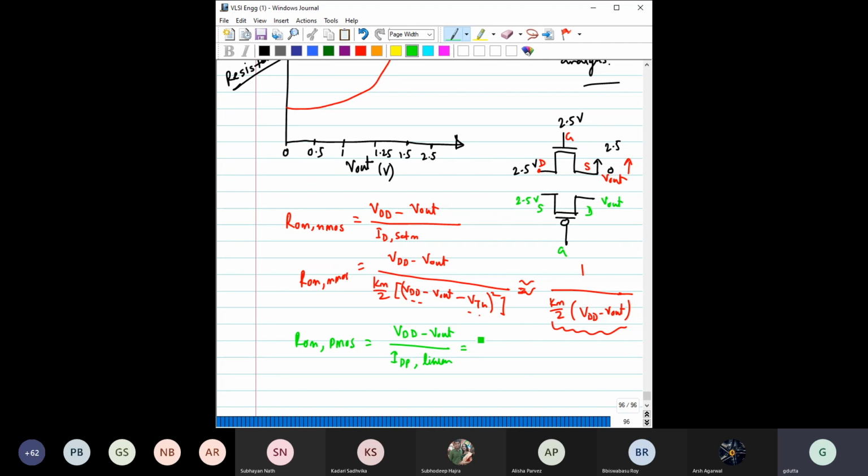So you can write that part. It is VDD minus V out. It is KP, then you have V of SG.